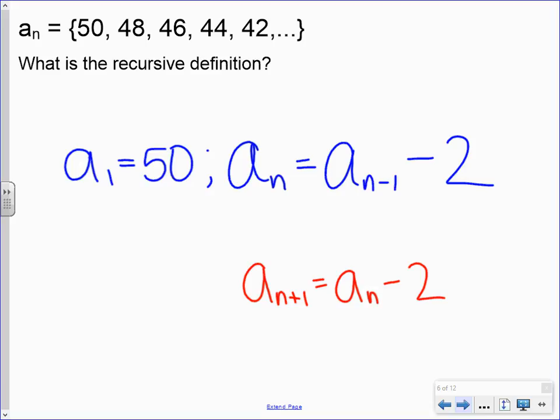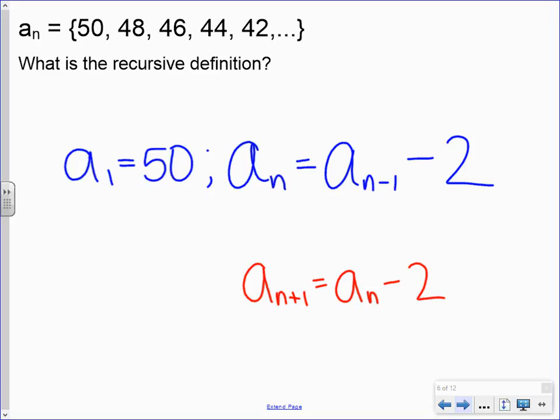How do you know whether you put n plus 1 or n minus 1? Well, if this is n, this one has to be the n minus 1. If you write this as n plus 1, this has to be the n. Because this has to mean term before. So what's before n? N minus 1's before n. Okay. What's before n plus 1? N. Okay. So n minus 1.